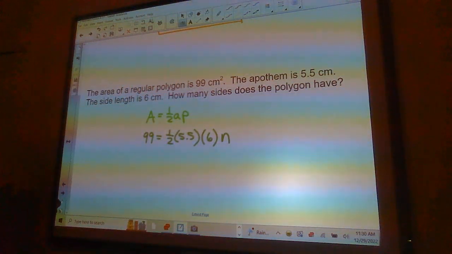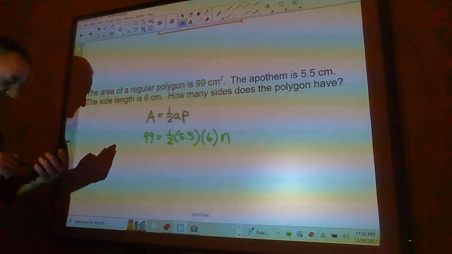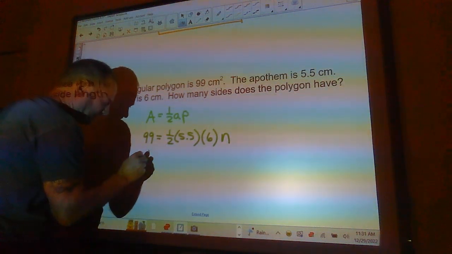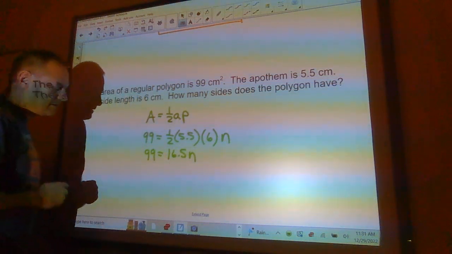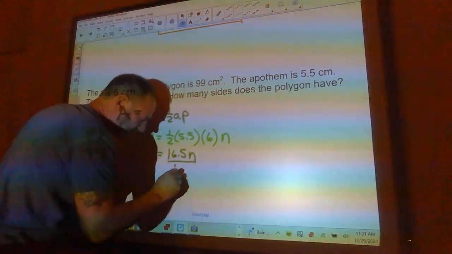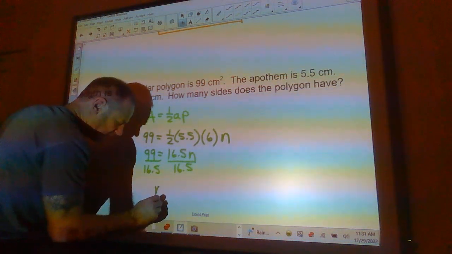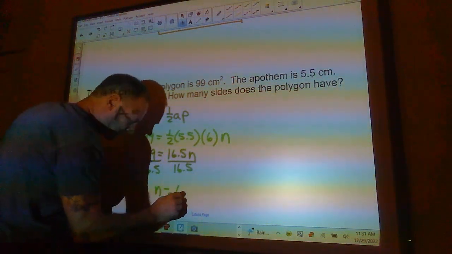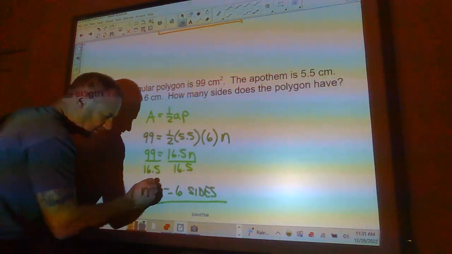We're going to call that N. So 1/2 of 6 would be 3, and 3 times 5.5 is going to be 16.5. So this is 99 equals 16.5 N. So then I'm going to go ahead and divide both sides by 16.5. And I'm going to get N is 6. So this is 6 sides. It's a hexagon.